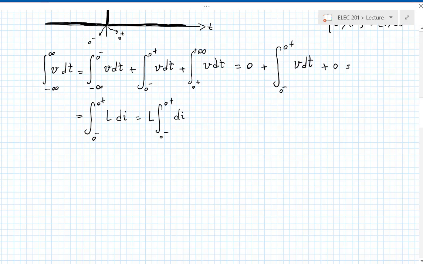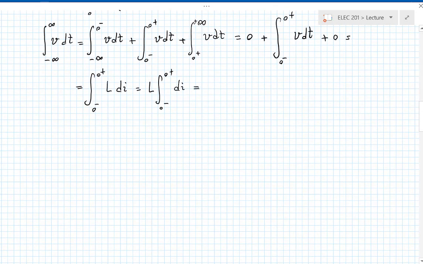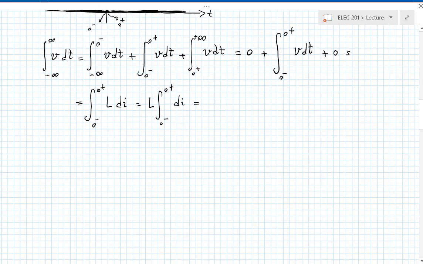Now, what is the integral of di going from one point to another? It's just the difference between the initial and final values of i, right? So the integral of di is i. So this is L i going from 0 minus to 0 plus, or simply L times i of 0 plus minus i of 0 minus.